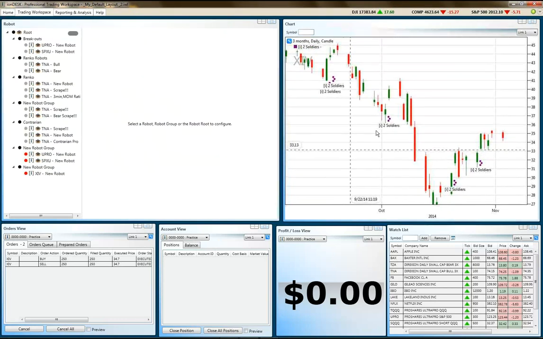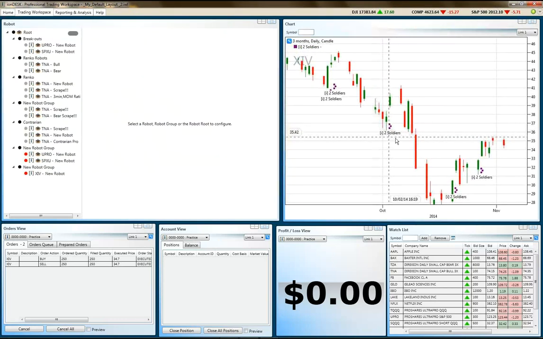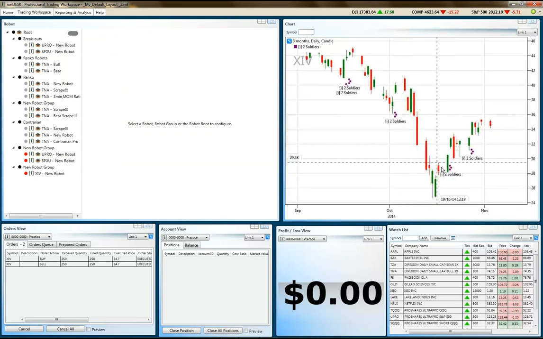And so this is the way that your order would begin to buy: whenever it saw that second soldier, that would signal a buy.